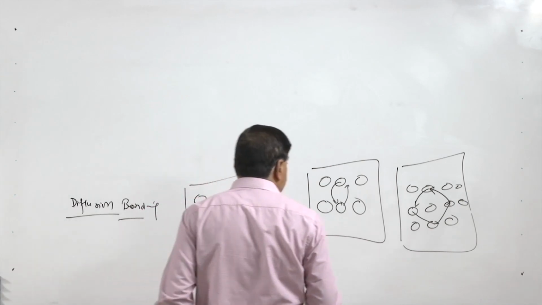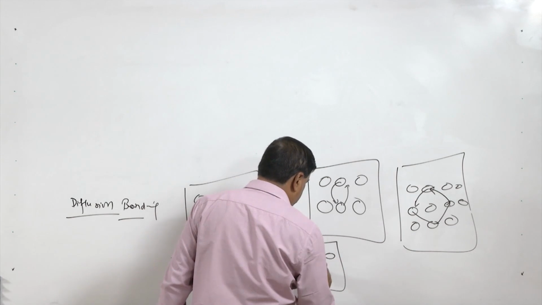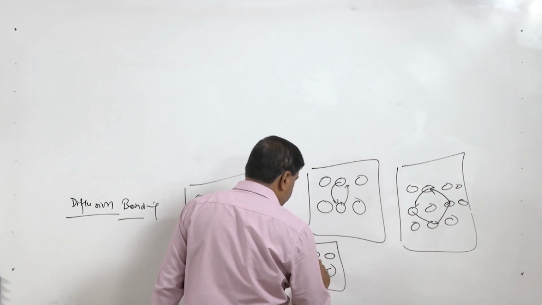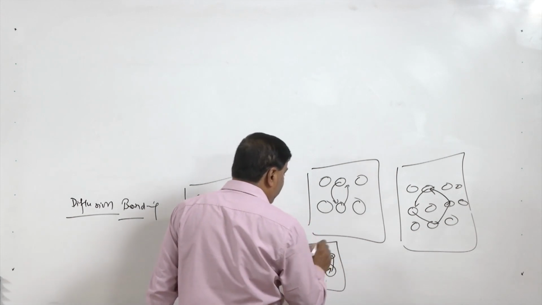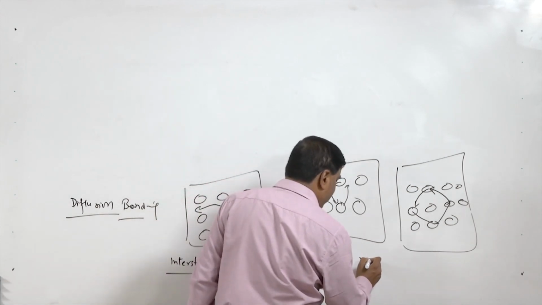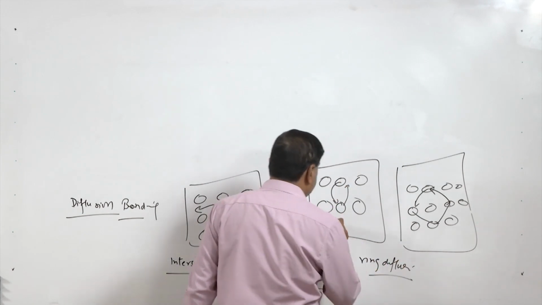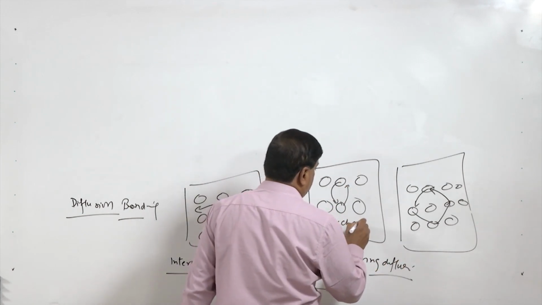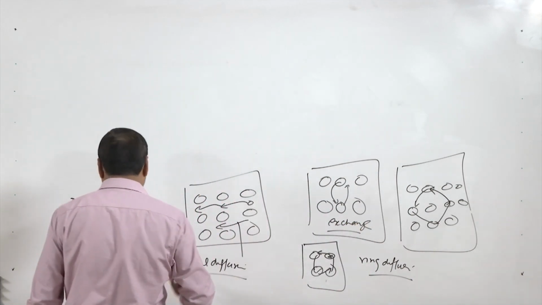This is called ring diffusion, and the other is exchange diffusion. Vacancy diffusion I have already explained, and interstitial diffusion.